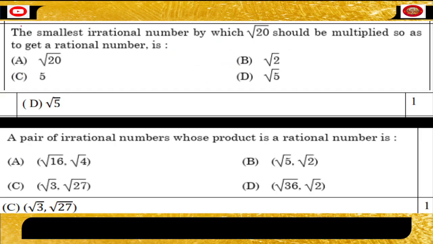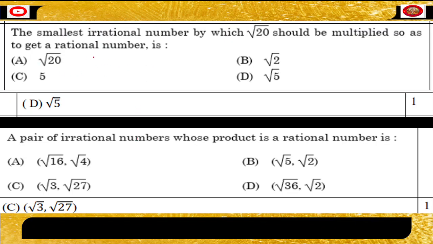Next question. The smallest irrational number by which root 20 should be multiplied so as to get a rational number. 20 multiplied by 20 is 400. They ask for the smallest irrational number.